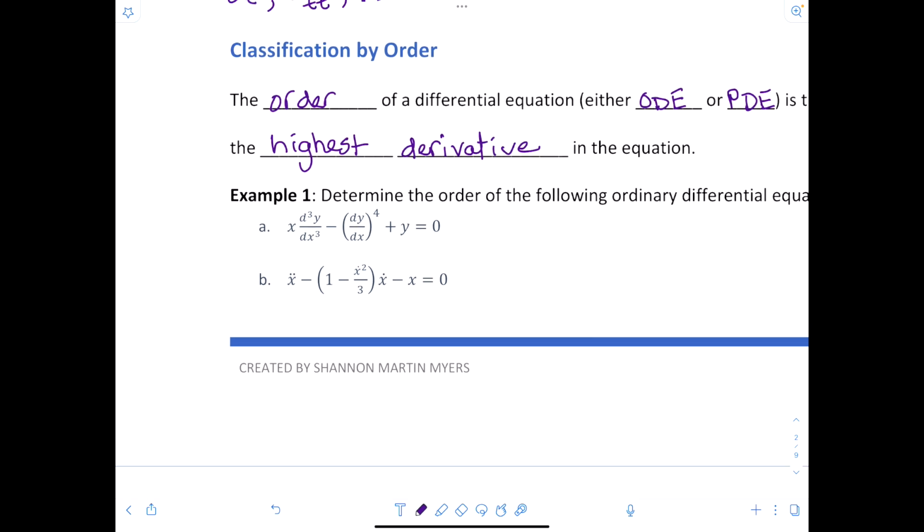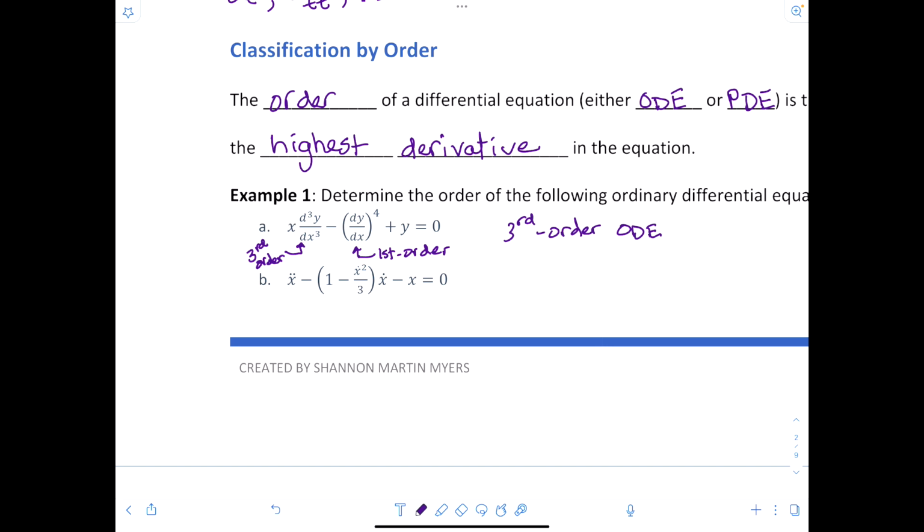You have to be careful here because this one right here is third order, and this one here is first order. So the whole equation ends up being a third order ODE. When you're raising a first derivative to the fourth power, it doesn't mean that it's the fourth derivative.